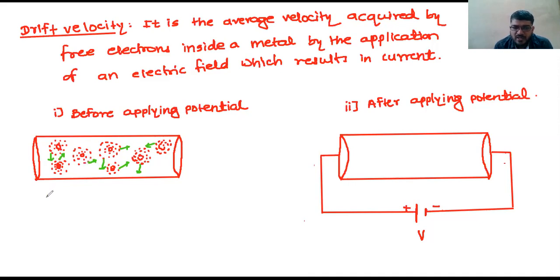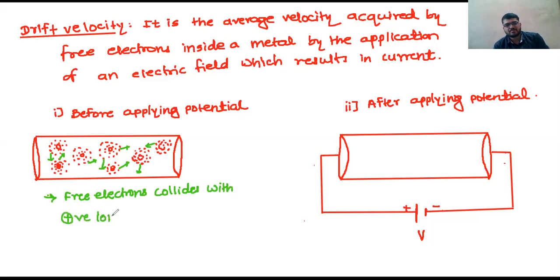These free electrons collide with positive ions, and therefore the average velocity, that is u1 bar plus u2 bar plus u3 bar and so on up to un bar, divided by n, is equal to 0.